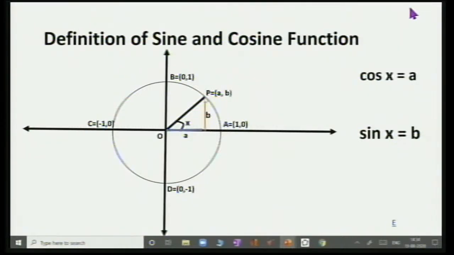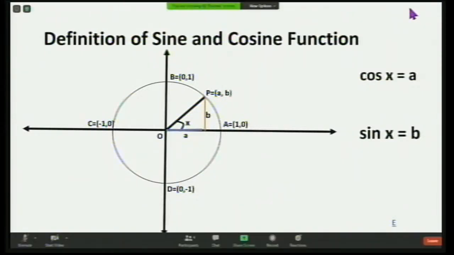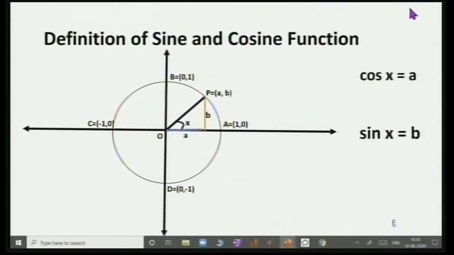So how will you get it? You just drop a perpendicular from this point P on the x-axis. The distance from the origin to where that line meets the x-axis would be a, and that would be cos of x. And the perpendicular length that is drawn from P to the x-axis is sine x. So this is how fundamentally we define sine x and cos x.